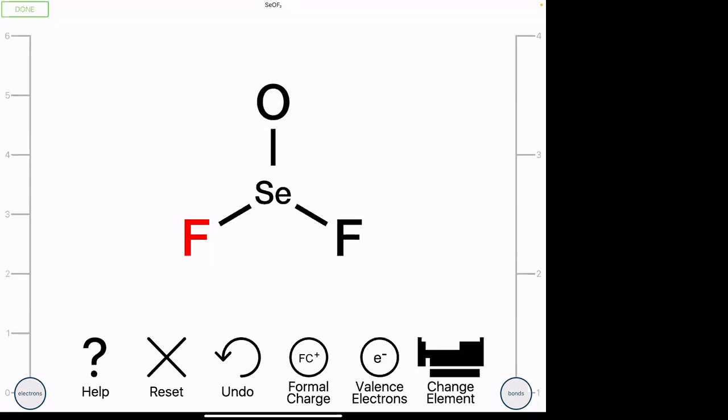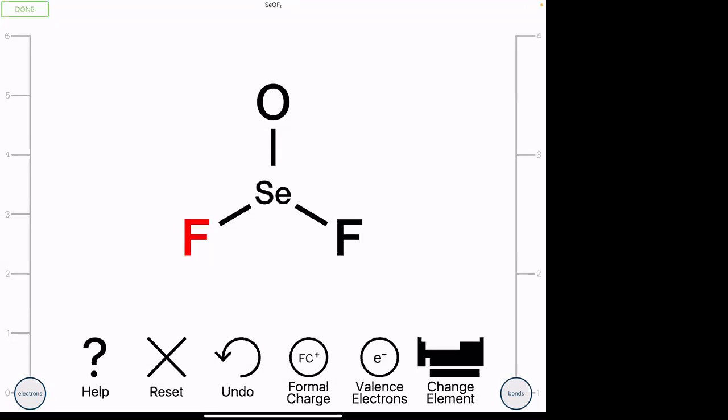Okay. So now the question becomes, where do I go next with the electrons? I go to the outer atoms, right? So let's see here.